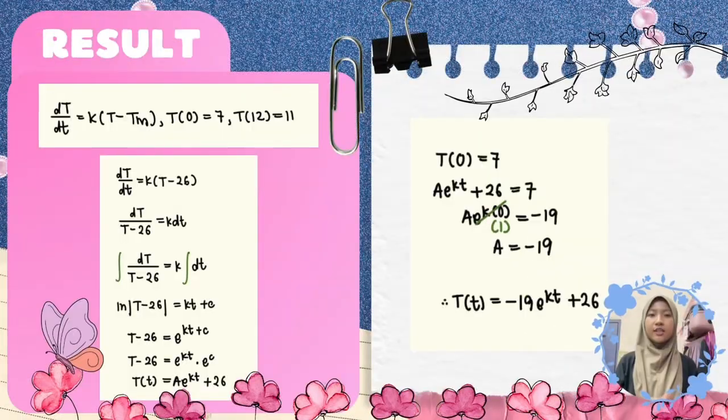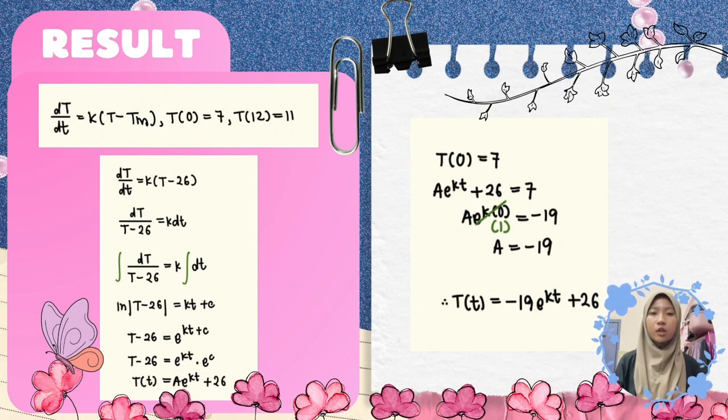In this slide, I will tell you how to solve question A. The rate of change of the temperature is equal to k multiplied by the difference between the object temperature and its surrounding temperature. When the time is 0 minutes, the temperature is 7 Celsius. And when the time is 12 minutes, the temperature is 11 Celsius.